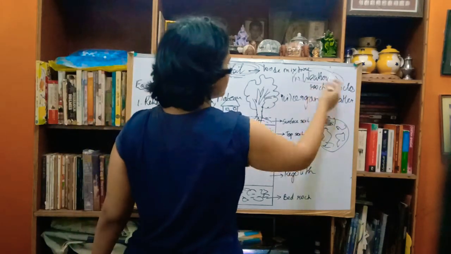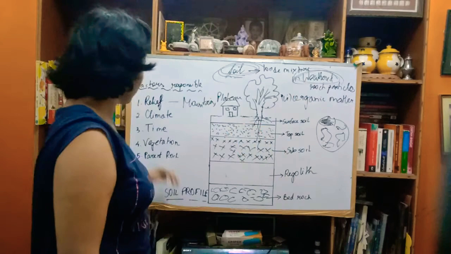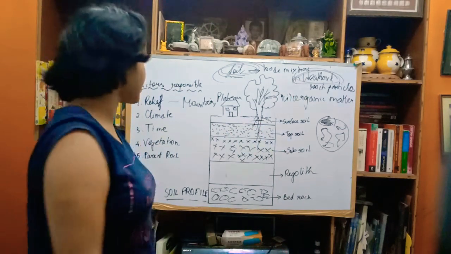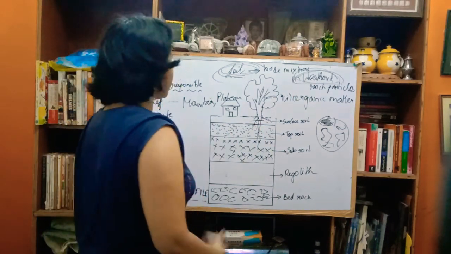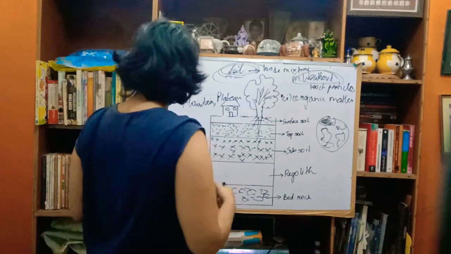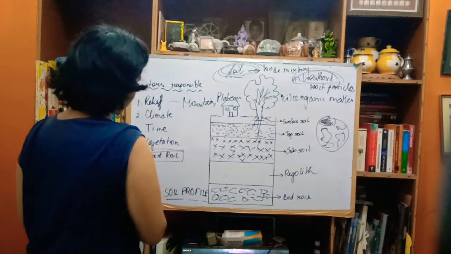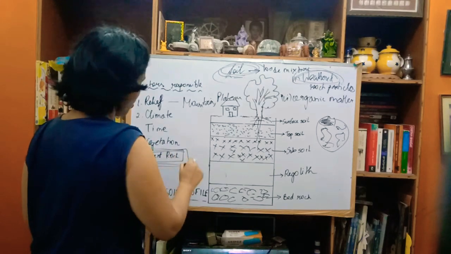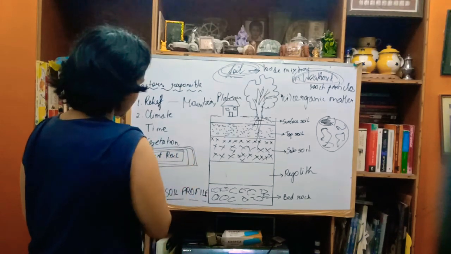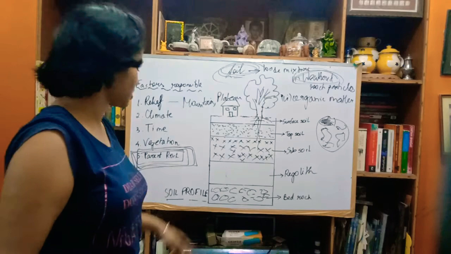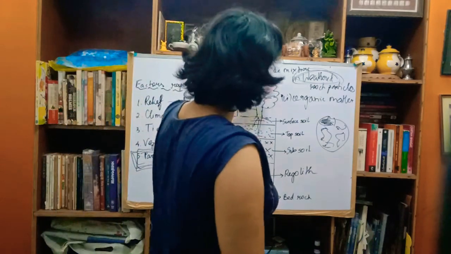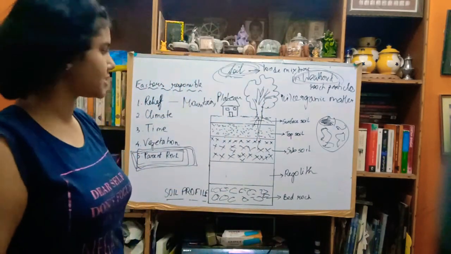The rocks need time to break down. Vegetation. The absence or presence of vegetation determines the formation of soil. Parent rock. The type of soil, the color of soil, the composition of soil all depends on the parent rock. Remember this diagram? This is just for reference, nothing else.